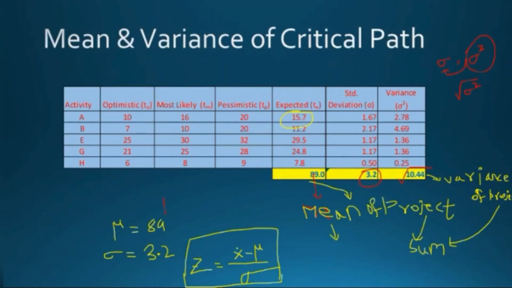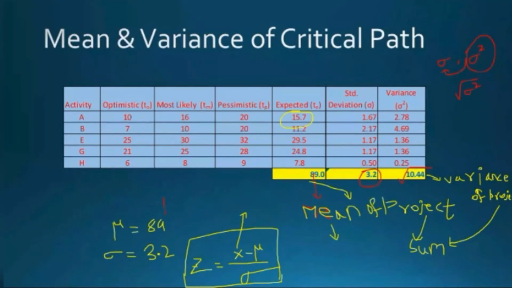Now, X is the variable for which we are going to find the corresponding probability. This X can be anything. For example, for an 80 days duration, what is the probability? For a 90 days duration, what is the probability? The value for which you are going to find the probability will be the X. So we will calculate the Z value.